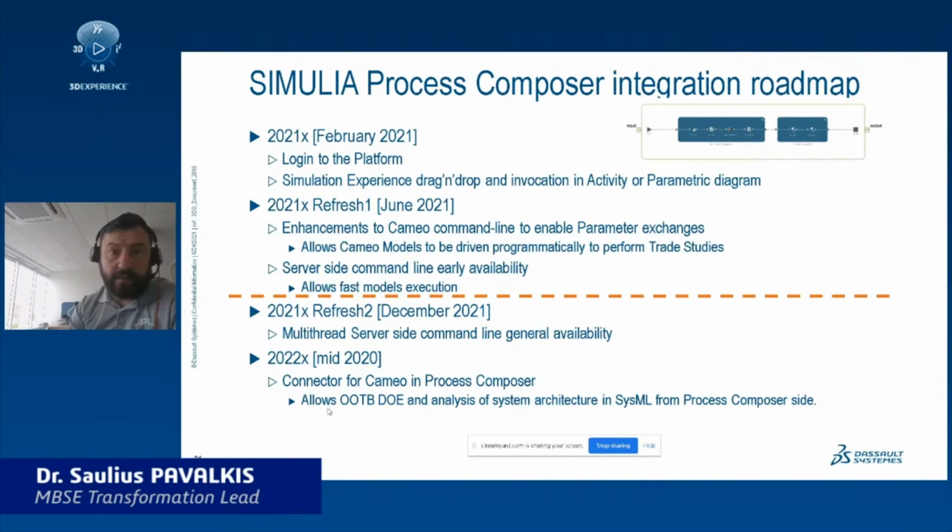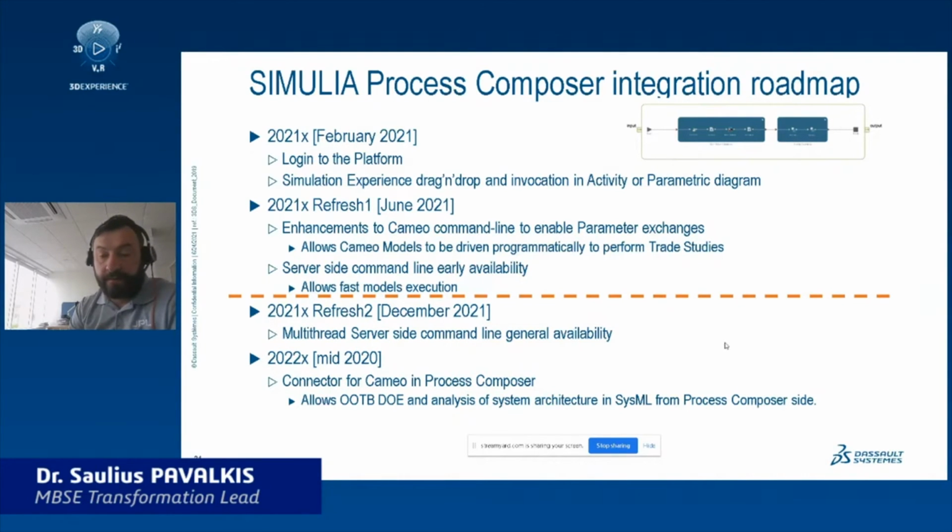And it will enable trade studies, design of experiments, and other things which are already available with Process Composer, but Cameo was never connected there before. Just to emphasize, this is to enable Cameo as a connector for Process Composer, but Cameo already can take simulation experiences from Process Composer, any of them, and use them in activities and parametric diagrams.